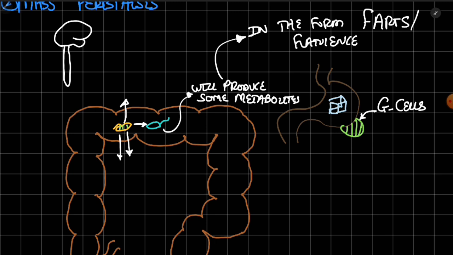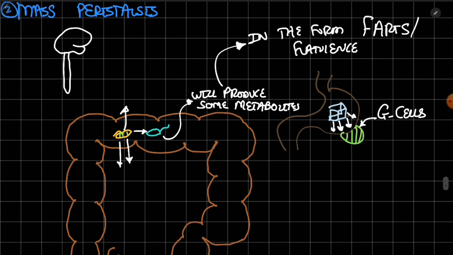What does the G cells do? When there is food in the stomach, it will exert some pressure. As we have seen here, it is the antral systole.